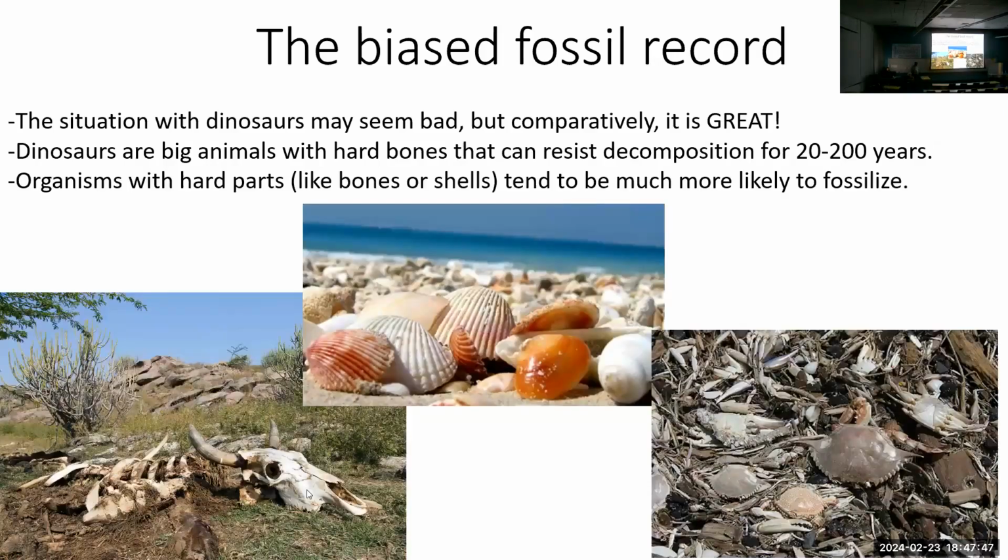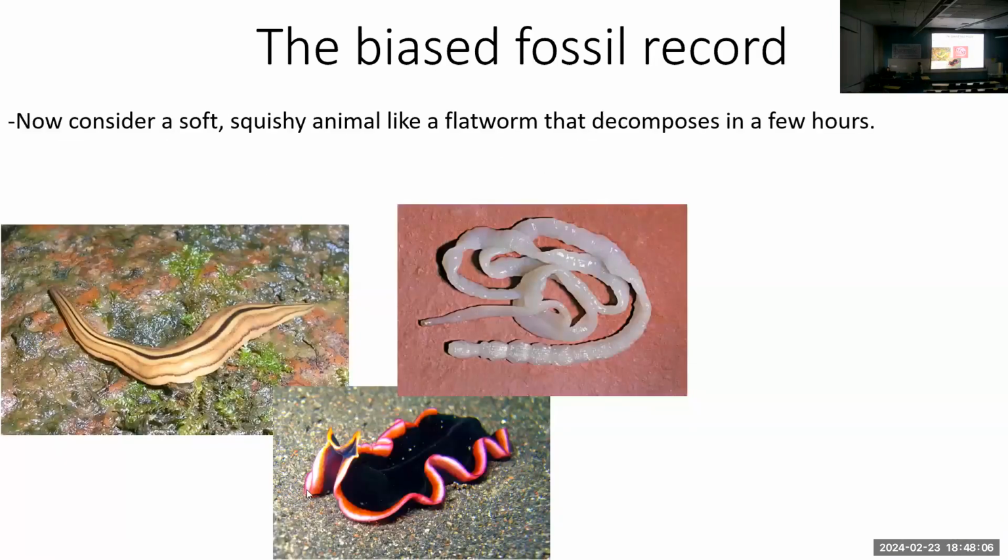And in general, that's what you find in the fossil record. Organisms with hard parts like bones or shells tend to fossilize a lot better. They have a much more complete fossil record compared to other animals. So you find a lot of vertebrates and shelled mollusks and arthropods. Their fossil record tends to be pretty good.